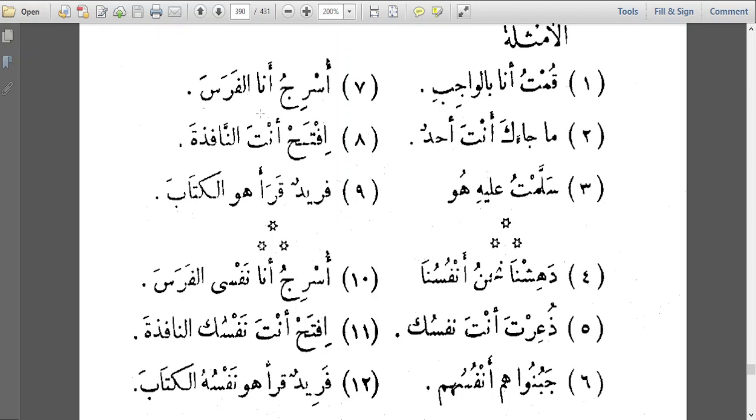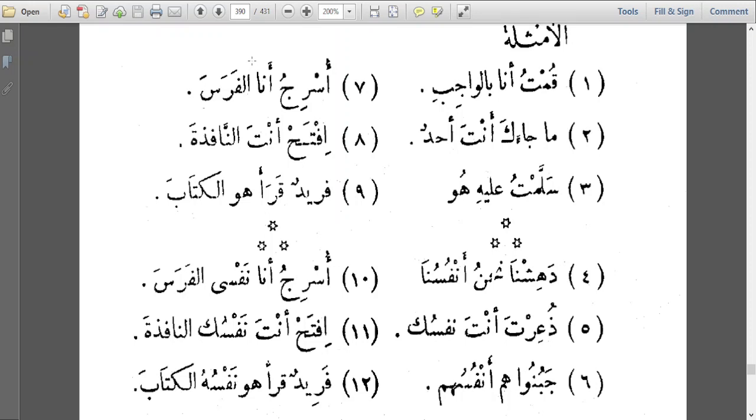So usriju, the fa'il is ana, but a damir mustatir whose taqdir is ana. So you say usriju fi'l mudari marfu' wa alamat raf'ihi ad-damma az-zahira ala akhirih. Then you say wal-fa'il damir mustatir taqdiruhu ana. Or you say wal-fa'il damir mustatir wujuban taqdiruhu ana.